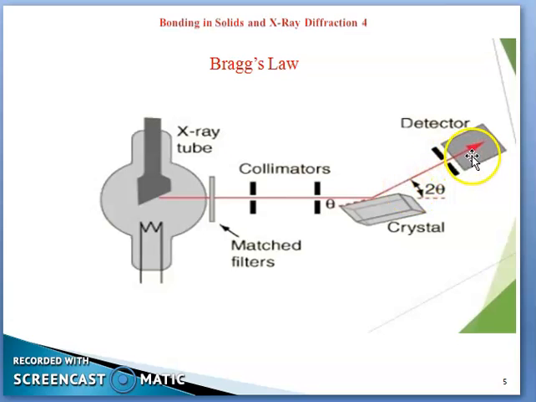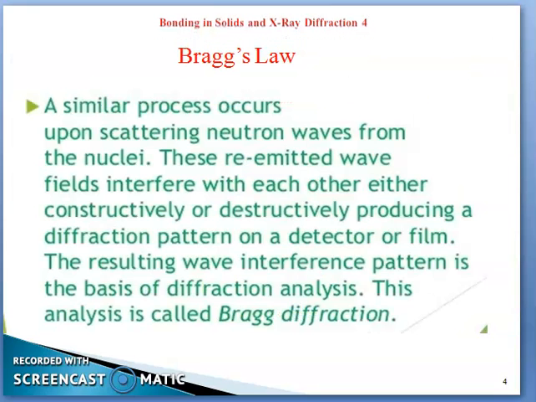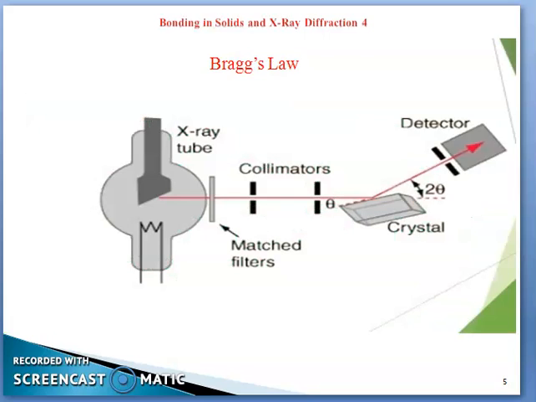In this way, by using the collimator, detector, X-ray tube, and matching filter, it can be used in Bragg's law, and the detector is used to detect the structure of the crystal.